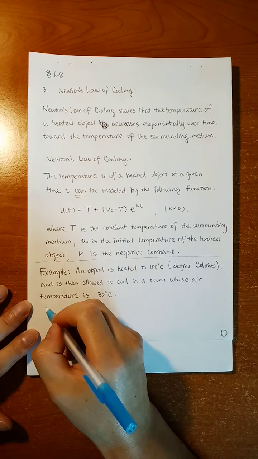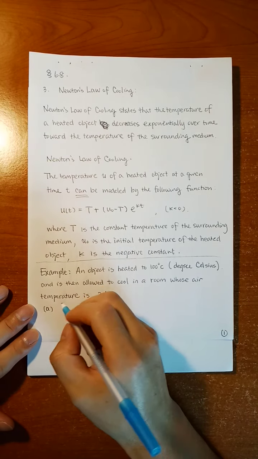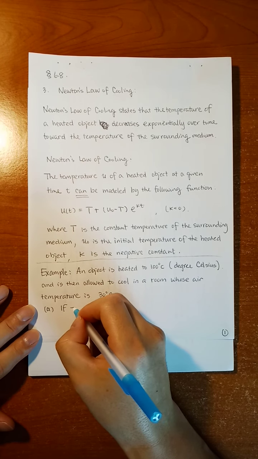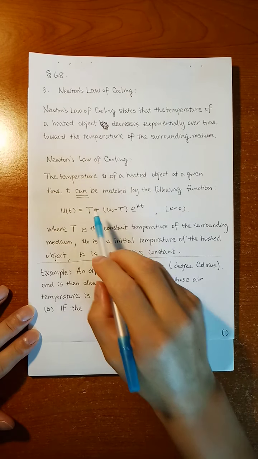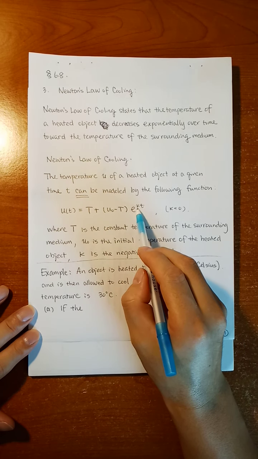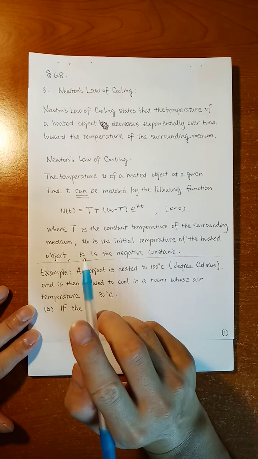Okay, so let's talk about the question. Question 1: you see here, you already have T and U0. You don't know k, you don't know the time.